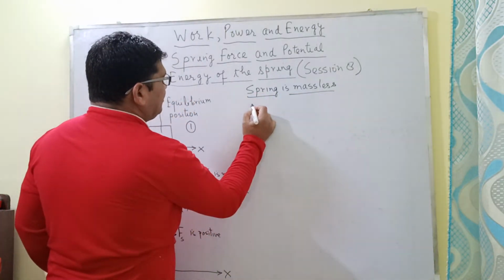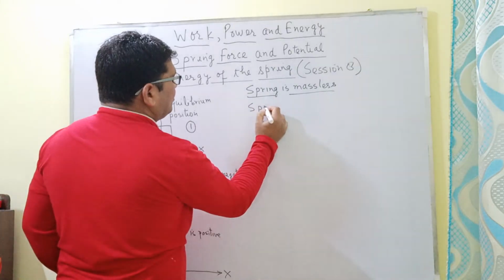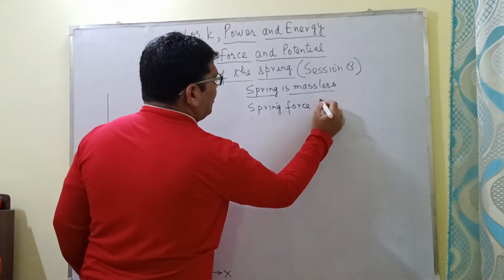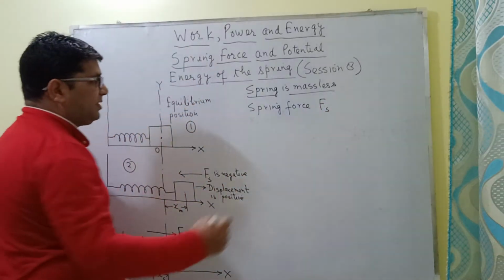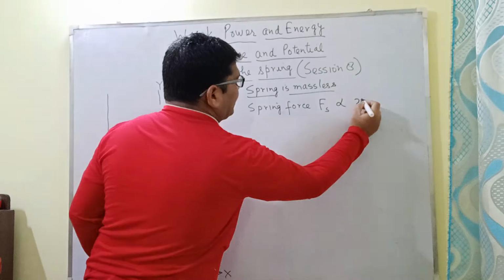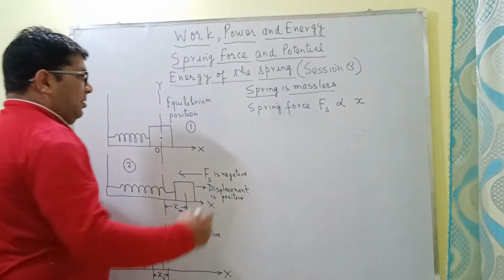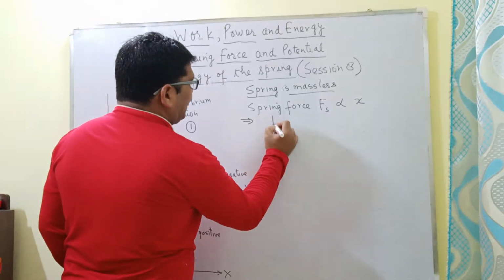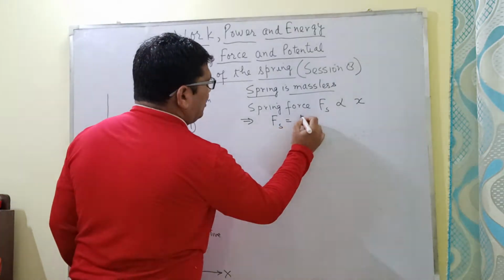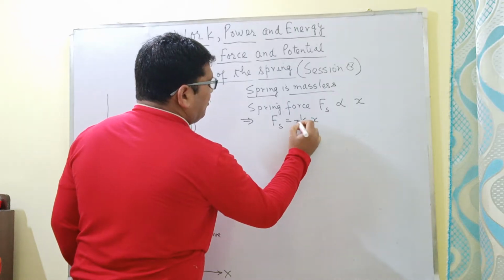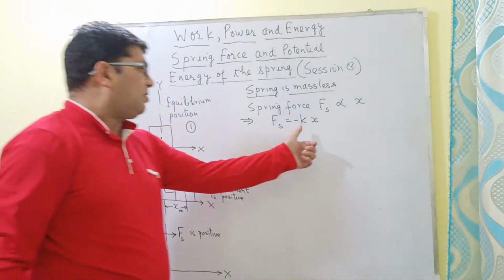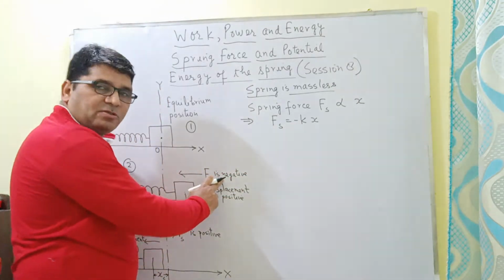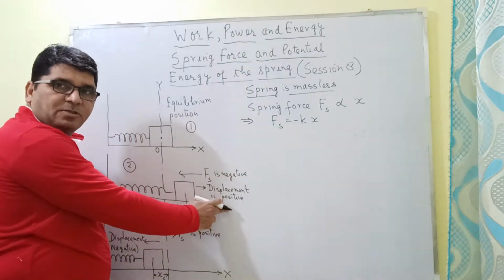The spring force, which I have denoted here by Fs, is directly proportional to displacement, so it can be written as Fs is equal to minus kx, where k is called the spring constant, and I have put this minus sign here because the direction of the spring force and the displacement is opposite.